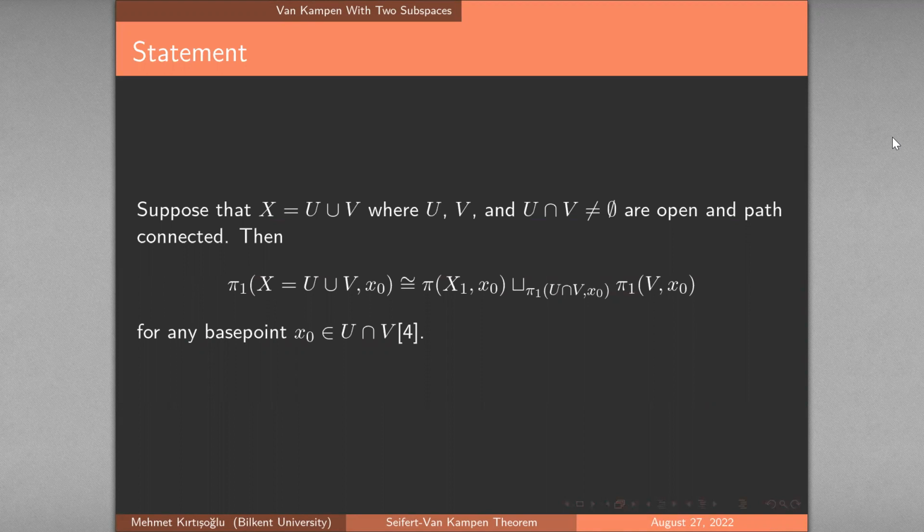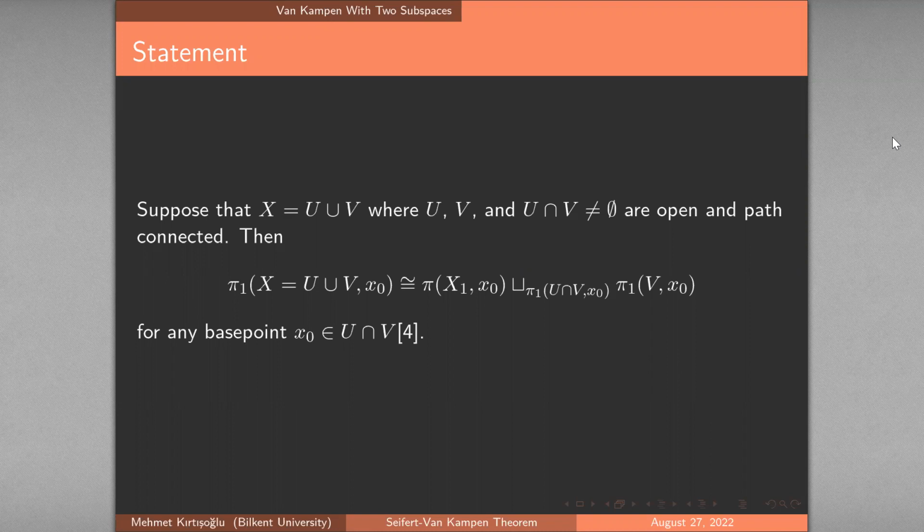Then the fundamental group of X will be isomorphic to the free product of the fundamental group of U with the fundamental group of V, but it's an amalgamated product. We have the generators of this group and the generators of this one, but the intersection will have the same elements identified.